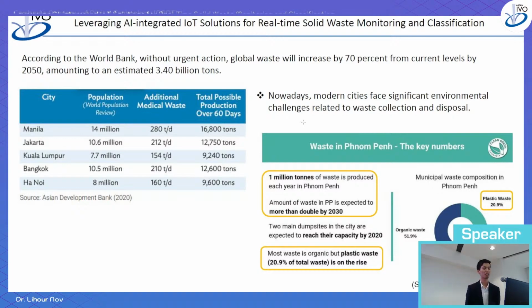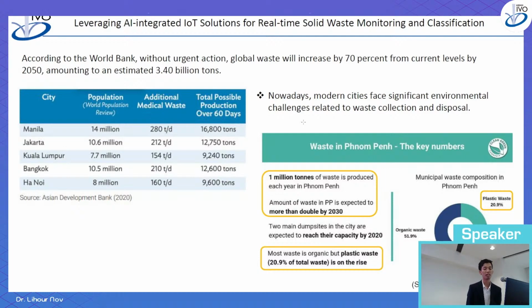So according to the Asian Development Bank survey in 2020, several cities like Manila, Jakarta, Kuala Lumpur, Bangkok, and Hanoi have a lot of waste generation. And also in Cambodia, according to the report in 2021 from Obor Capital, they mentioned that the waste generation in Phnom Penh alone is around 1 million tons.